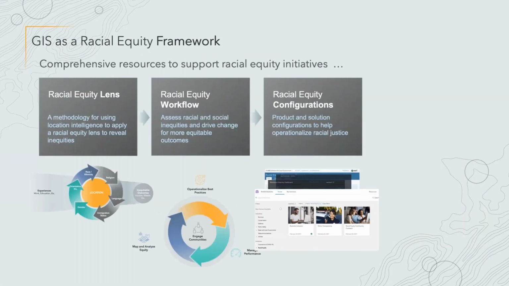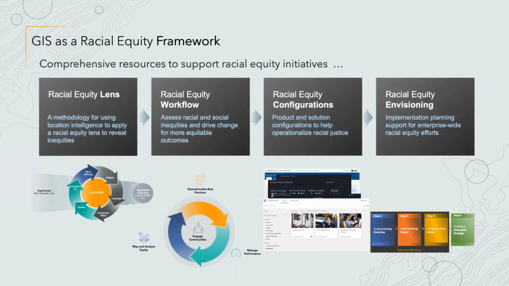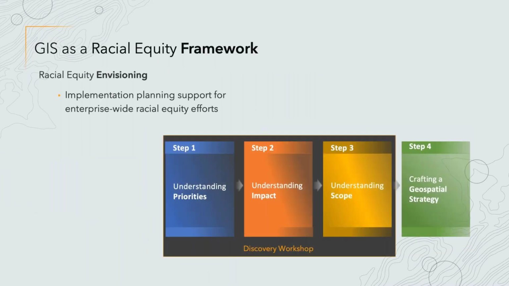And finally, there's an envisioning process for enterprise-wide racial equity initiatives. We understand that many leaders, including a growing list of racial equity leads, are working to organize and oversee racial equity related initiatives and drive impact across their entire enterprise.